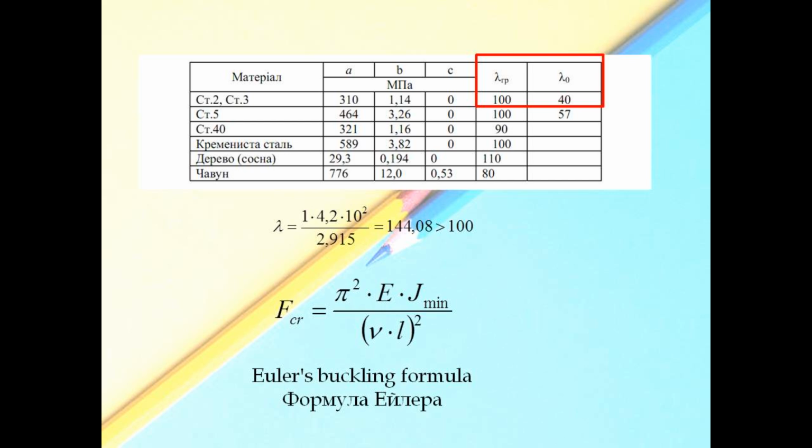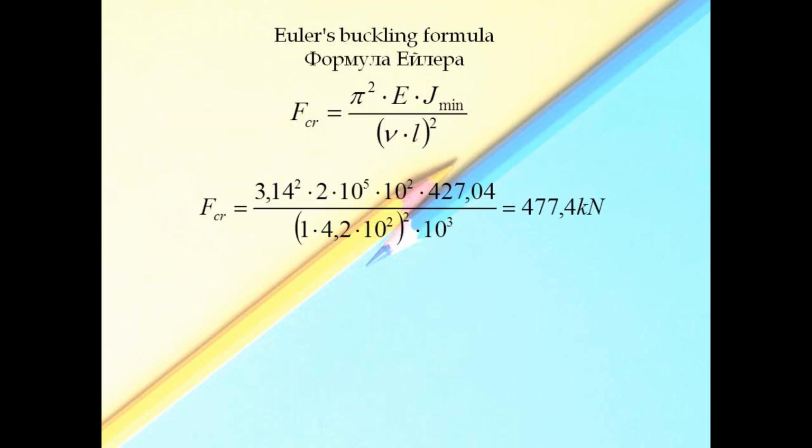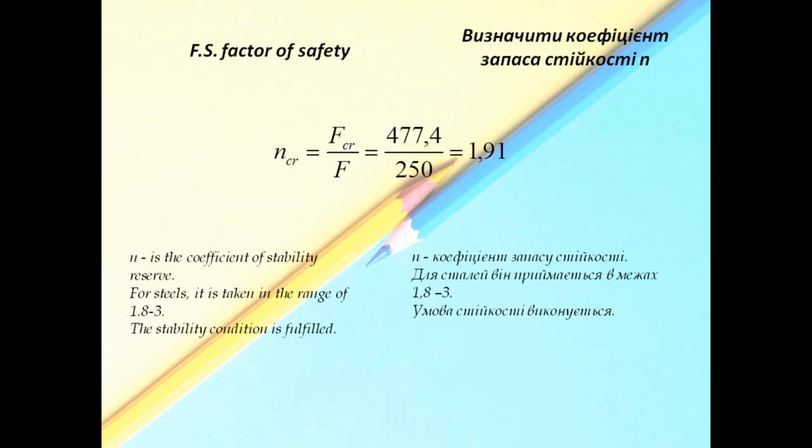In that case, the column is considered a long one, and you must use Euler's column buckling equation to calculate the critical buckling load for our column. If you look at this formula, you will notice that we already have all elements for finding the critical load. Let's do this. What else should we do?